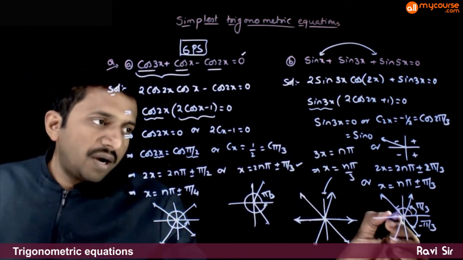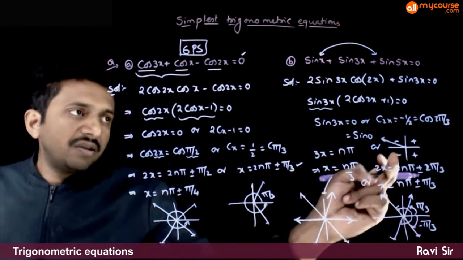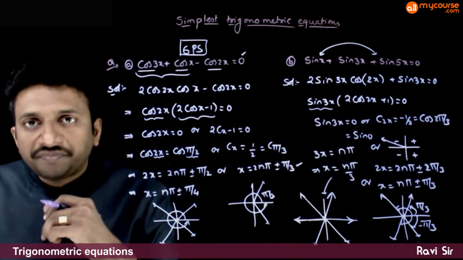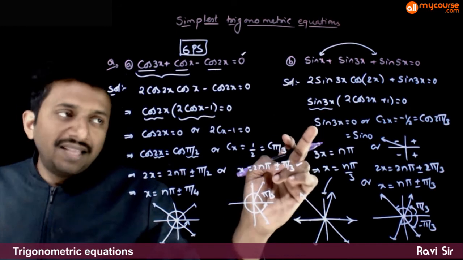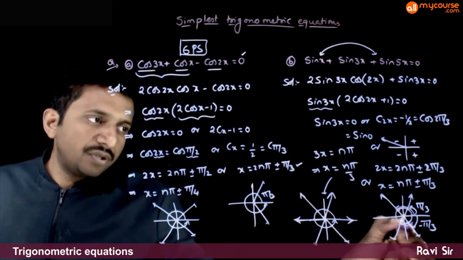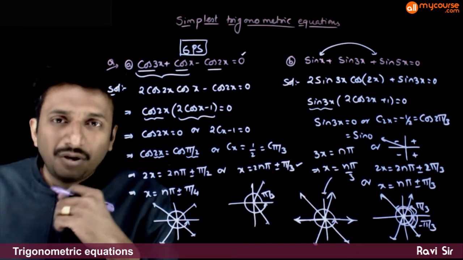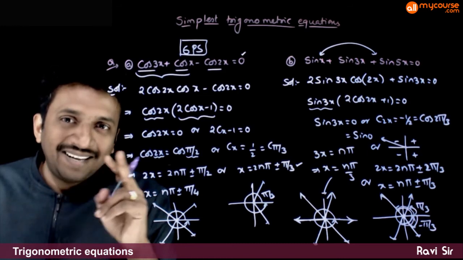This is something like the 120 degrees position, and this is the minus 120 degrees position. So these are the 4 positions which satisfy this equation. So sin 3x is equal to 0 is satisfied by 6 solutions. This has 4 solutions.